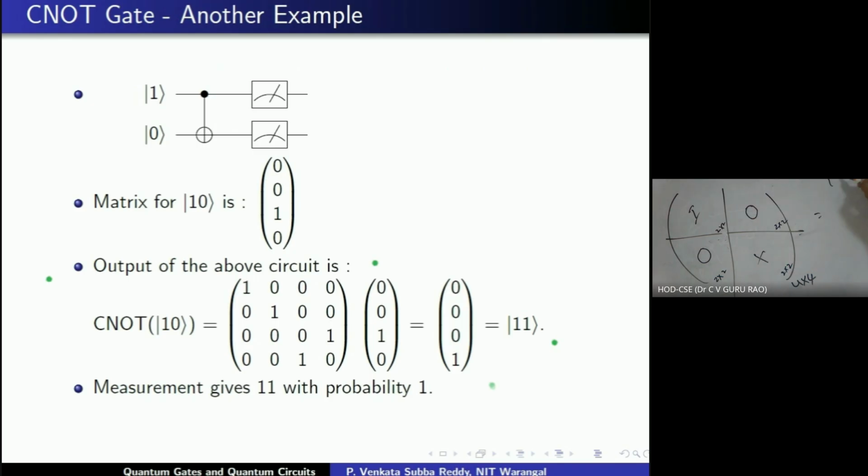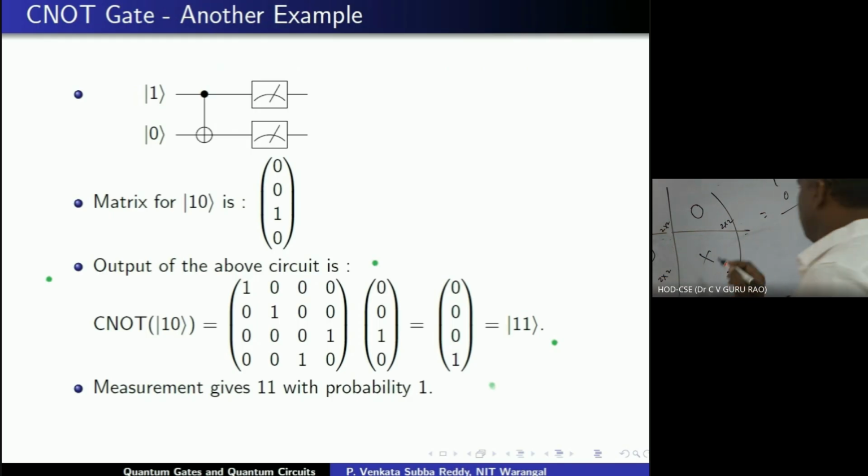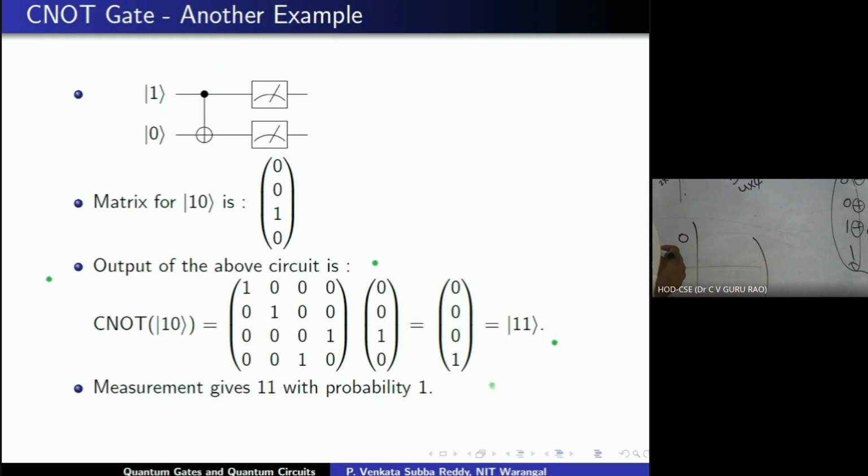Now, can you please write down this? What is I? 1, 0, 0, 1. First part, okay. First part is 1, 0, 0, 1. Second part means all zeros, 4 zeros. Third part is 0, 1, 1, 0. That's what our matrix is now. Now, not only for X, you can do this for any control Y also.